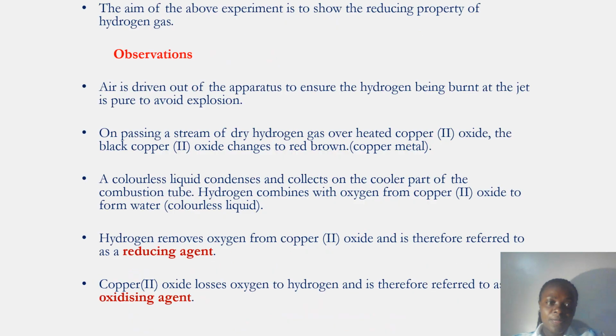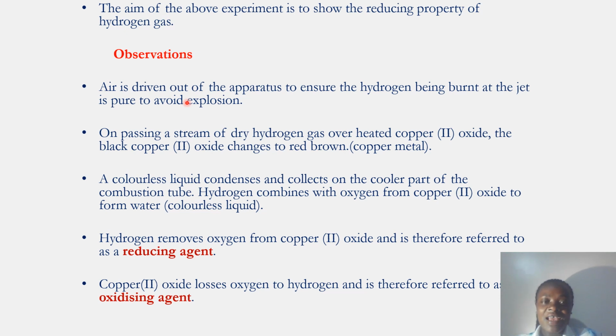Okay, move to the next slide. So the above experiment was to show the reducing property of hydrogen gas. We have said that, first of all, air is driven out of the apparatus. So before we pass our dry hydrogen gas, we first pass air.